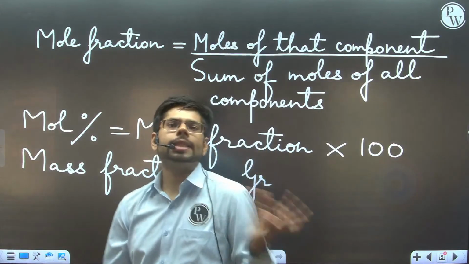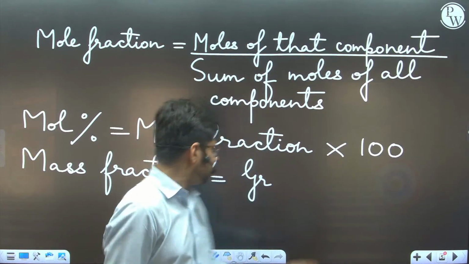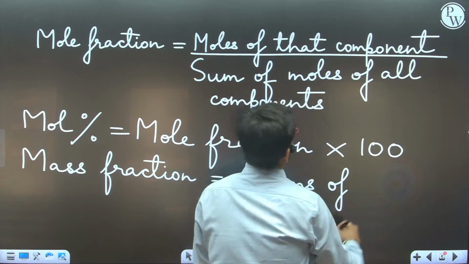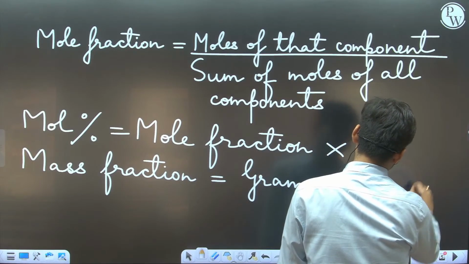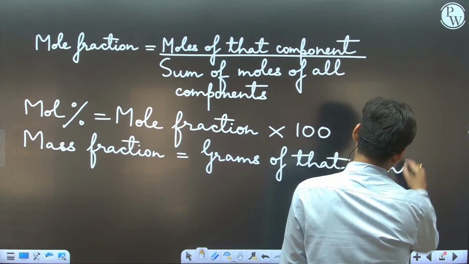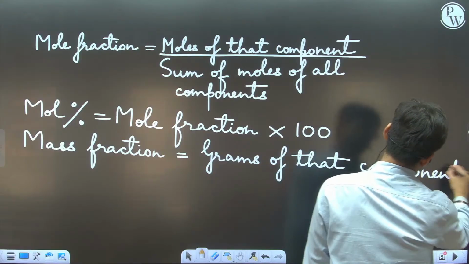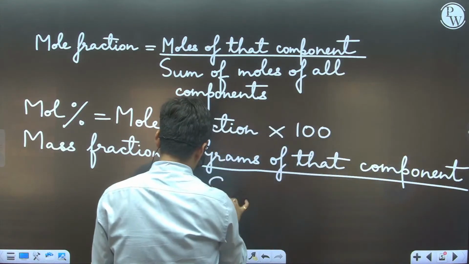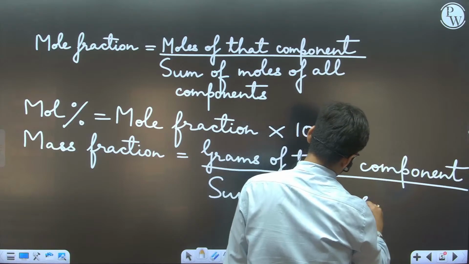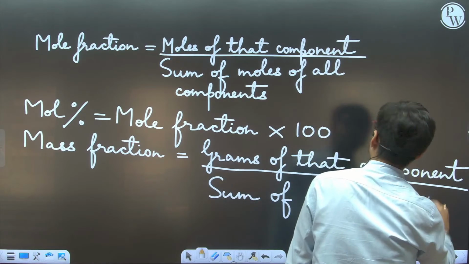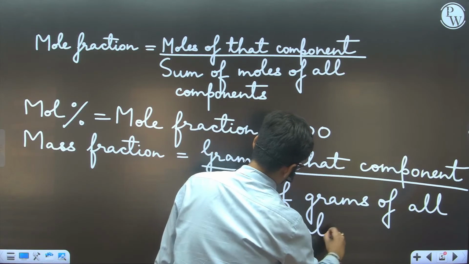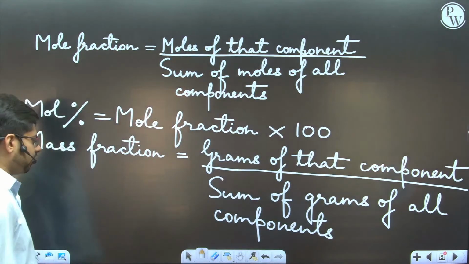So if there are two components A and B, and if I want to find out the mass fraction of A, then in the numerator I should write grams of A. Grams of that component upon total mass of the mixture, or we can say sum of grams of all components. Right? And mass percentage will be mass fraction into 100.